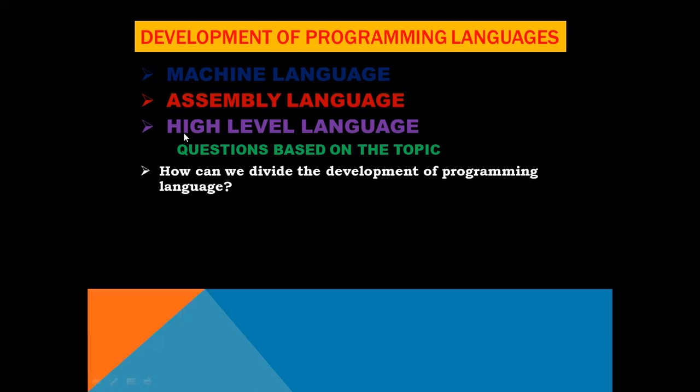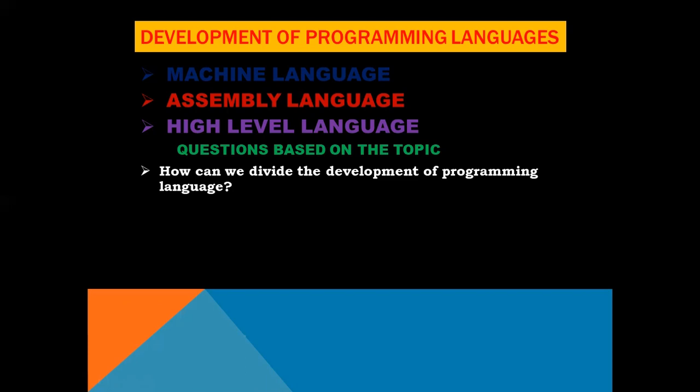After that came the development of the high-level language. The high-level language was very easy to understand, as it used simple, basic English words, which were easily understood by every person. Coding was also very easy, and the most important point is that it was a machine independent language.